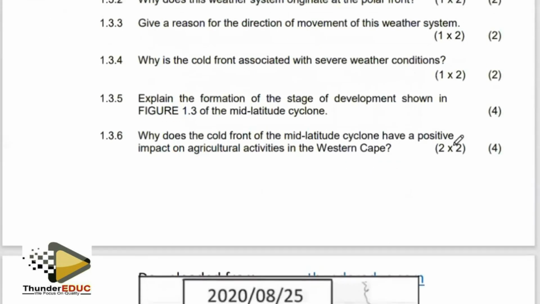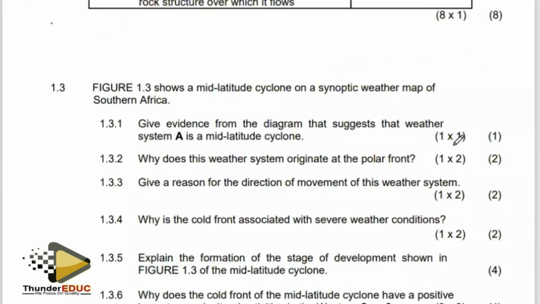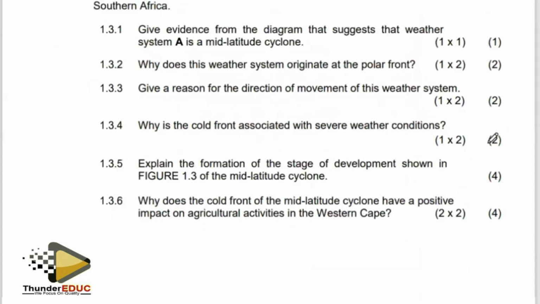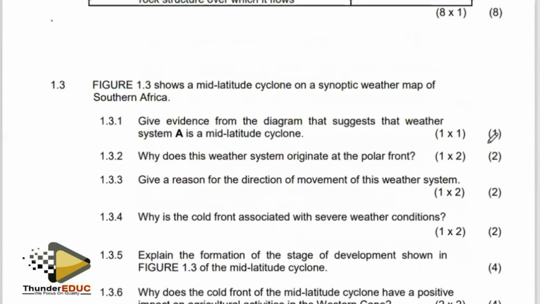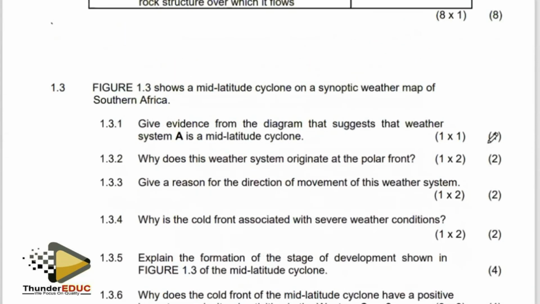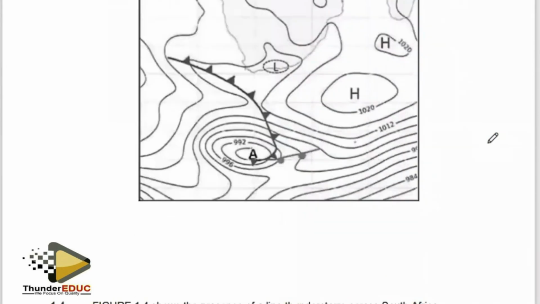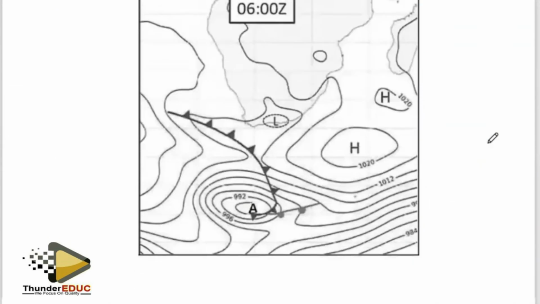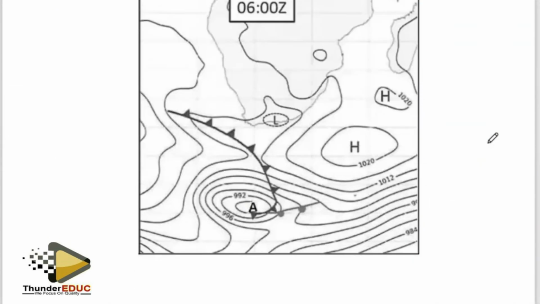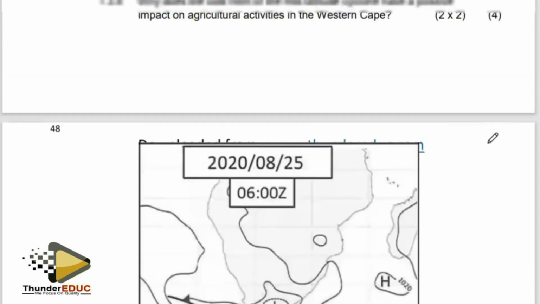All right. So they say, give evidence from the diagram that suggests that the weather system A is a mid-latitude cyclone. For this question, we can see it has a cold front and a warm front.